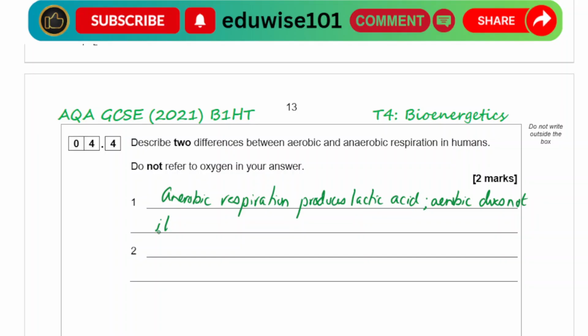As a second point, you could say aerobic respiration obviously produces carbon dioxide and water.